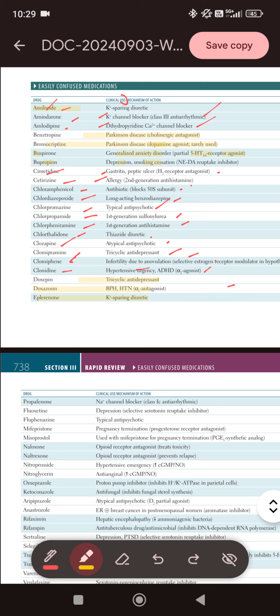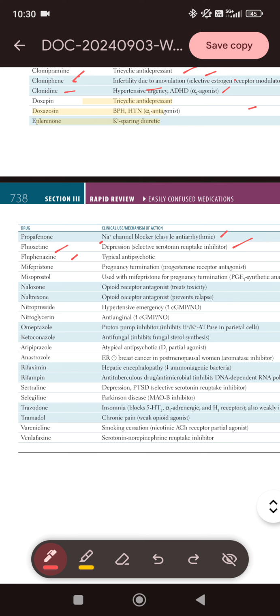Okay. Next we have fluoxetine. Fluoxetine is for depression. For depression we use fluoxetine. It is an SSRI, selective serotonin reuptake inhibitor. Next we have fluphenazine. It's a typical antipsychotic. Next we have mifepristone. It's for pregnancy termination, and it is a progesterone receptor antagonist.